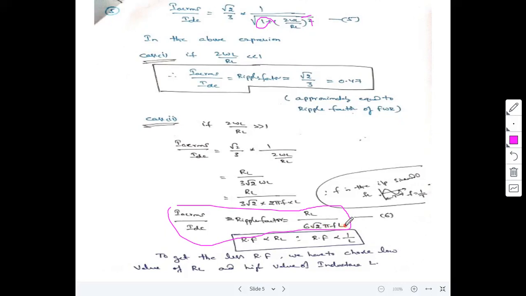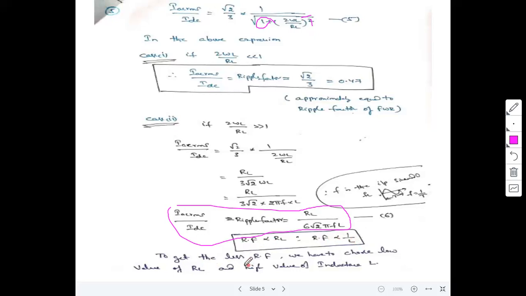Based on this, the ripple factor is directly proportional to RL, depending upon the RL value. If RL is small, the ripple factor is also small. If RL is large, the ripple factor is also large with respect to the load resistor. With respect to the inductor value, the ripple factor is directly proportional to 1 by L. If L increases, the ripple factor decreases.